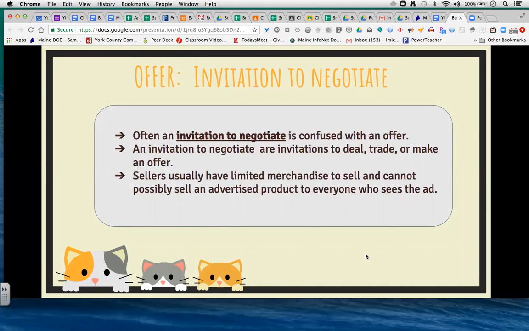Let's learn about an invitation to negotiate. It's often confused with an offer. Invitations to negotiate are invitations to deal, trade, or make an offer. Sellers usually have limited merchandise to sell and cannot possibly sell an advertised product to everyone who sees the ad. So ads in newspapers are considered invitations to negotiate, not real offers.